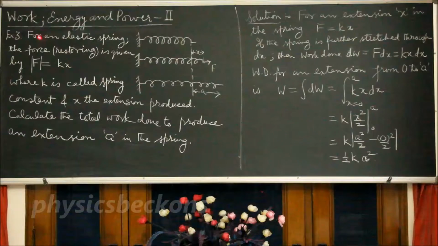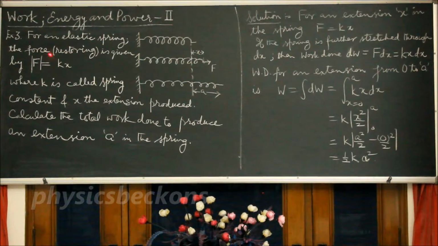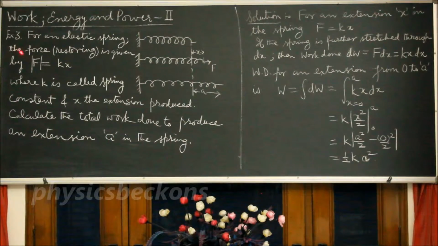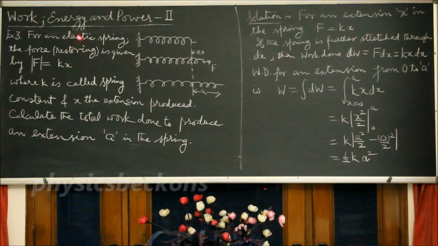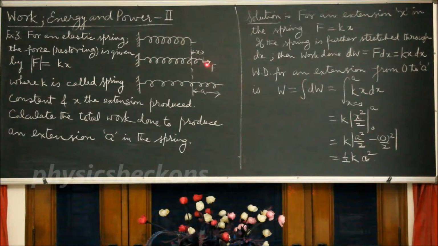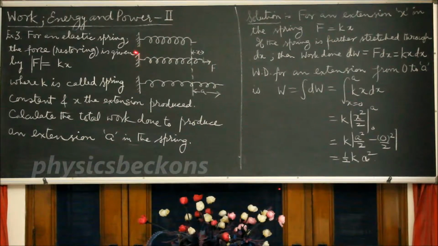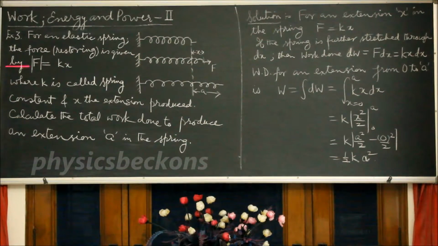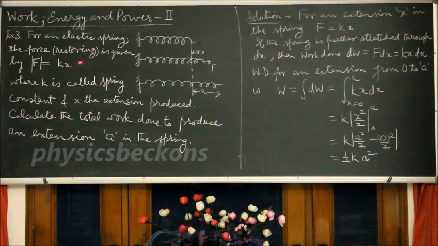Example 3. For an elastic spring, the restoring force is given by F is equal to Kx. The restoring force is the force which is set up in the spring when we pull the spring or compress the spring. This is a force which opposes the extension or compression in the spring.